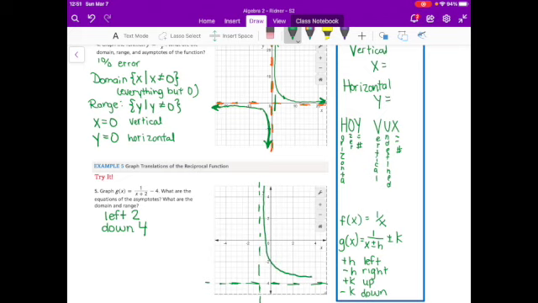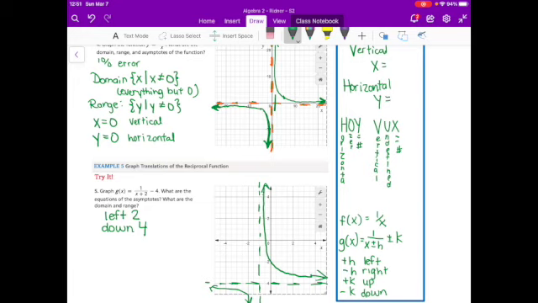And then I have the graphs. If you are not confident in doing that yourself, you can always use Desmos. So don't be afraid to use Desmos. Okay.